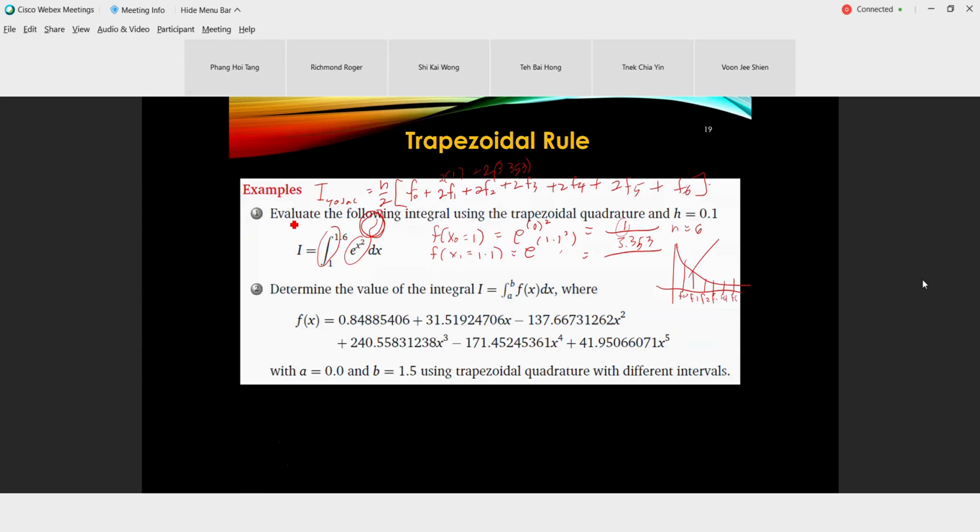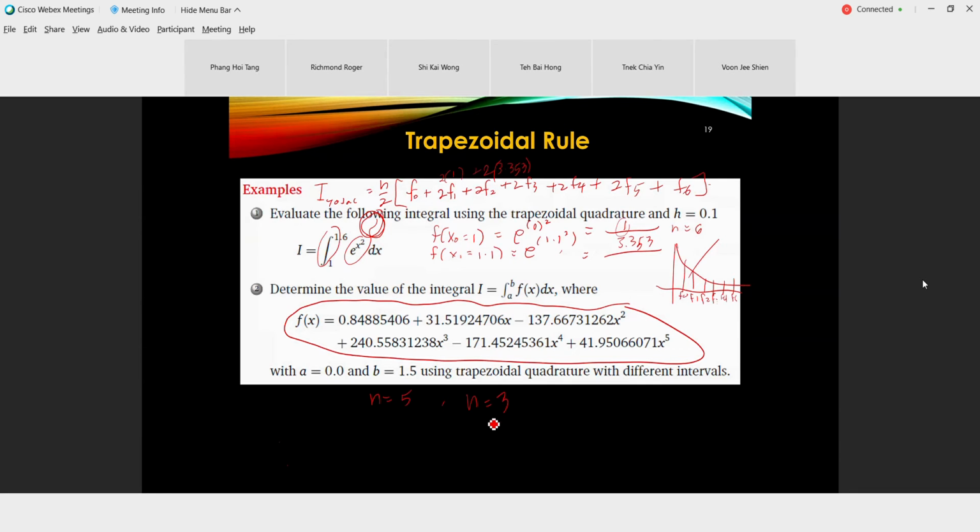Proceed to example 2. Determine the value of the integration. The integral value I equals the integration from A to B of the function given to you. This is a polynomial, with lower boundary A equal to 0 and upper boundary B equal to 1.5, using trapezoidal quadrature with different intervals. Different intervals means maybe you choose n equal to 5, maybe your friend chooses n equal to 3.